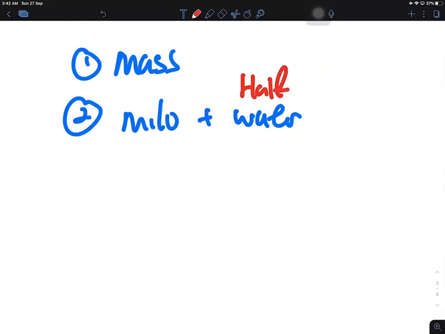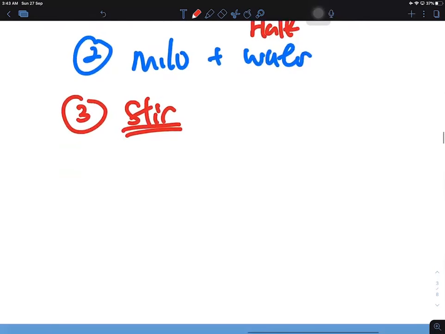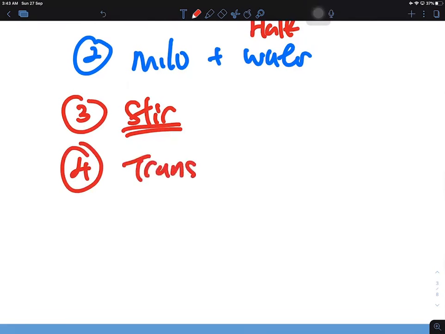Okay, let's say here 250, then you write 125 or 100 lah, around that. Next thing, after you pour two things together, you stir it with a glass rod. After everything is dissolved, you transfer it into a volumetric flask.